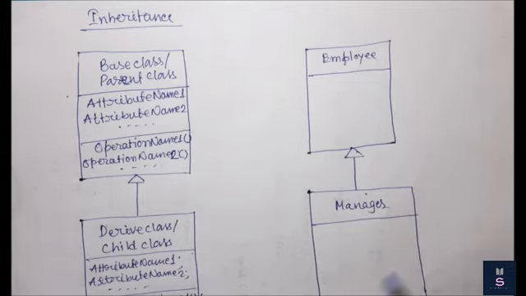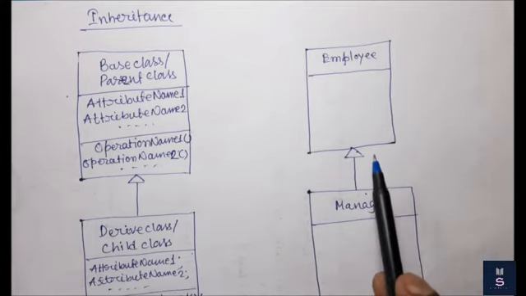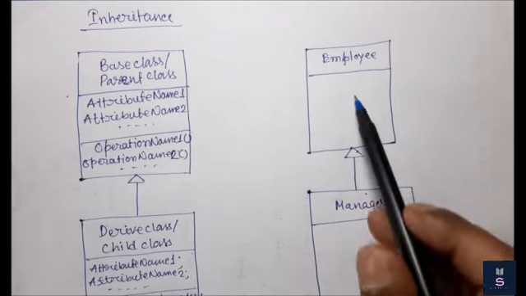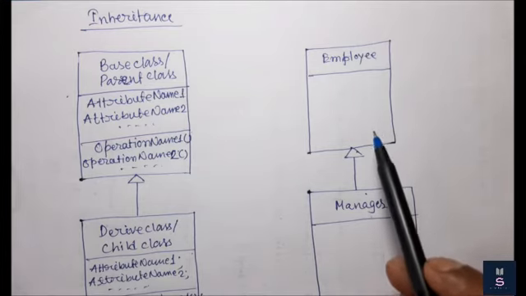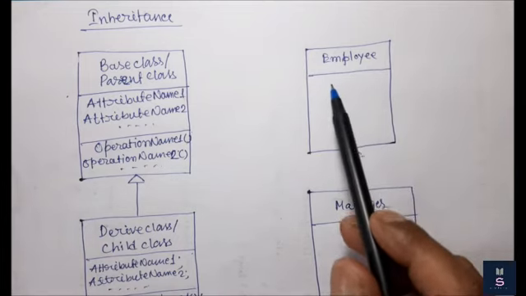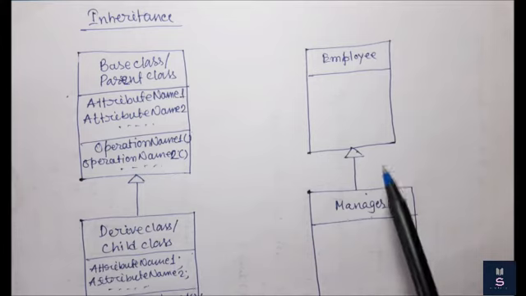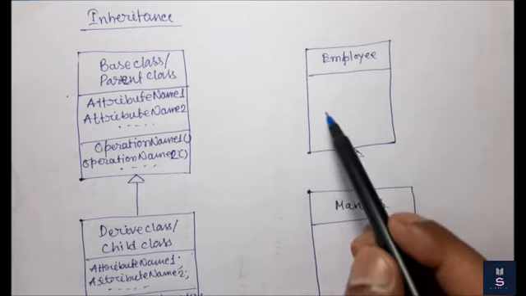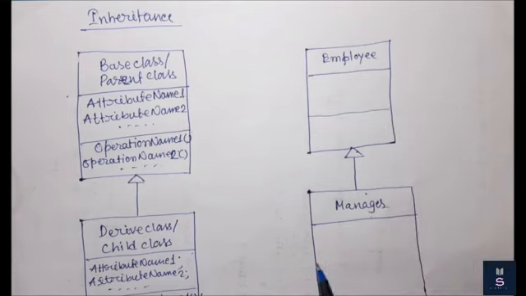In this diagram, manager is an employee, so manager can inherit all the features of employee. For example, you have employee name, employee ID, and some functionality like get employee ID, get name. Those functionalities will be inherited in our manager class. So that is the concept of inheritance.